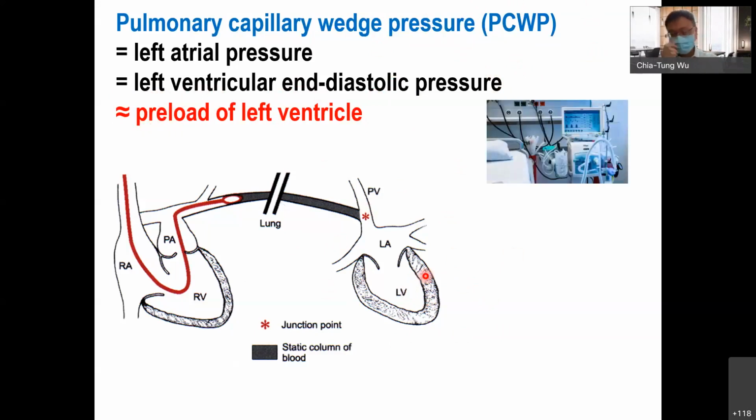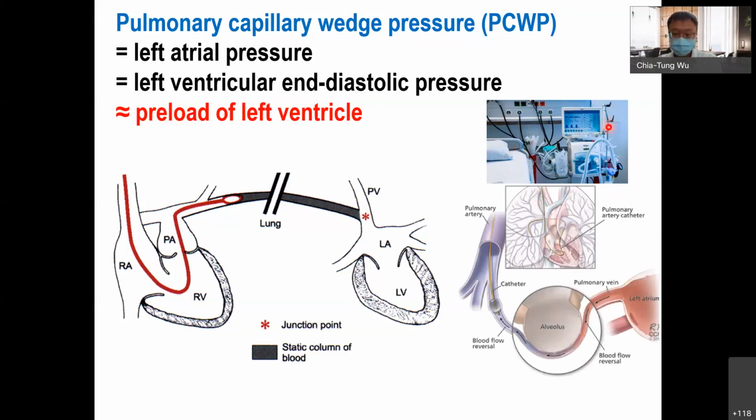But in critically ill patients, the patient may get respiratory failure and be intubated with a ventilator, such as in COVID-19 infection. When we breathe, we use negative pressure to drive the air into our lungs. But when a patient gets intubated, there's positive pressure to breathe.